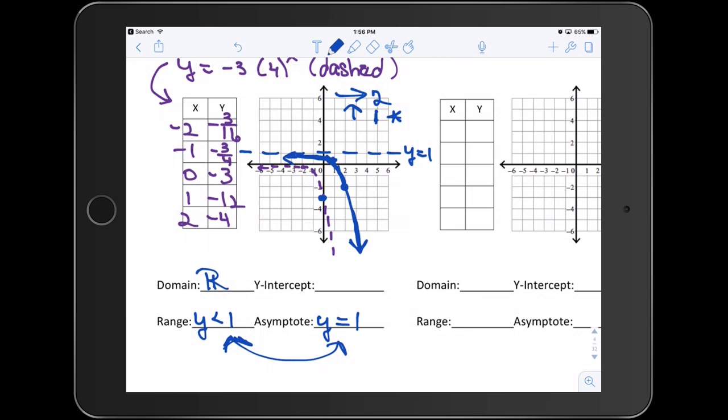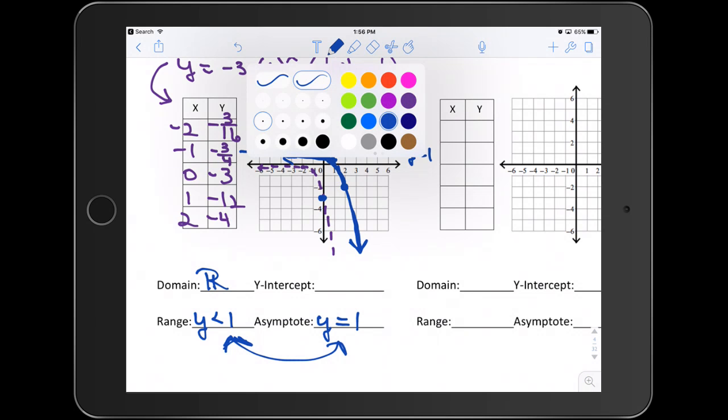Okay, the y-intercept. Let's talk about the y-intercept. It was (0, -3), right? So that's where the y-intercept is. But if you look, the new y-intercept is going to be right, oh boy, I'm going to switch colors so you can see it.